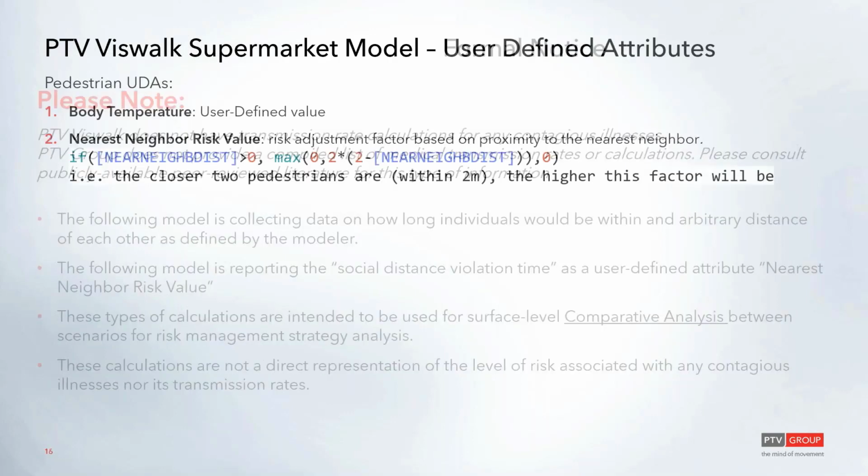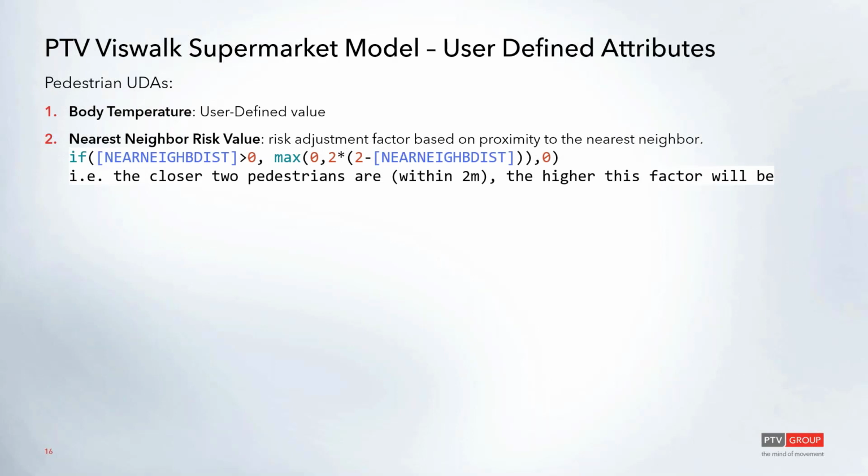Okay, so there are a few things that will be added to this model to make our risk calculations work, right? So we're going to be looking at a supermarket model, and we're going to be analyzing how people are doing within proximity to each other and how our volume to capacity ratio is looking.